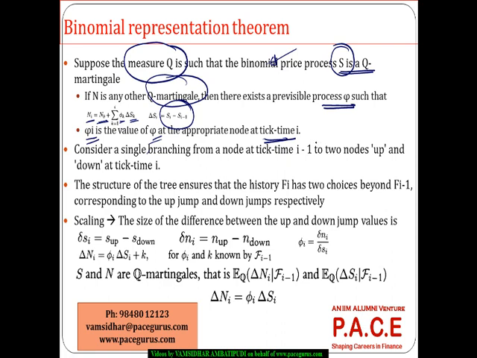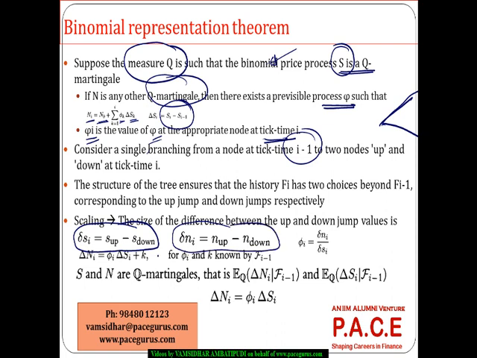So consider a single branching from time tick i minus 1, it can go up or go down. And the structure of the tree is ensured in such a way that the history F_i has two choices from F_(i-1), one to an up and one to a down. Now I can find out whatever is the change between the up and the down.